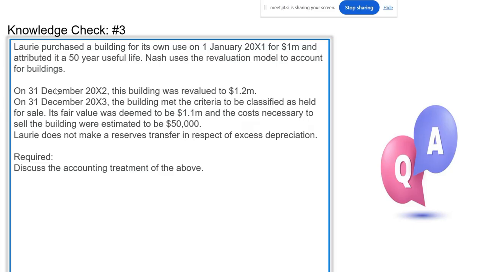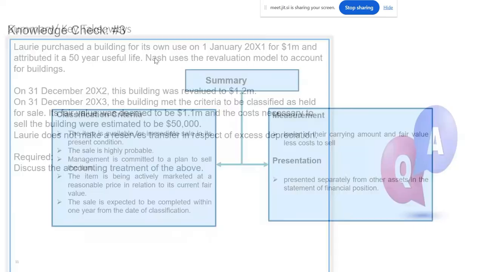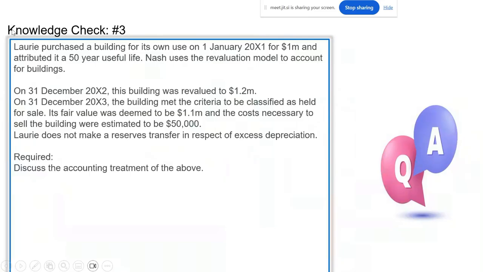Lorry purchased a building for its own use on the 1st of January 2021 for $1 million and attributed it a 50-year useful life. Nash uses the revaluation model to account for buildings. On 31st December 2022, this building was revalued to $1.2 million.